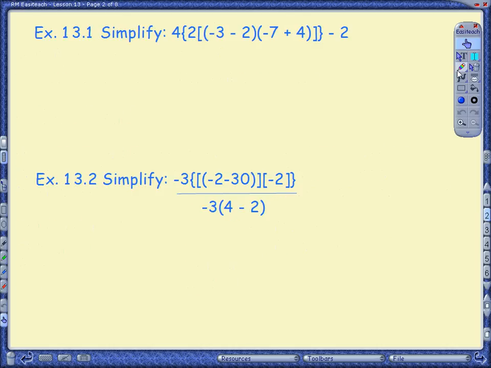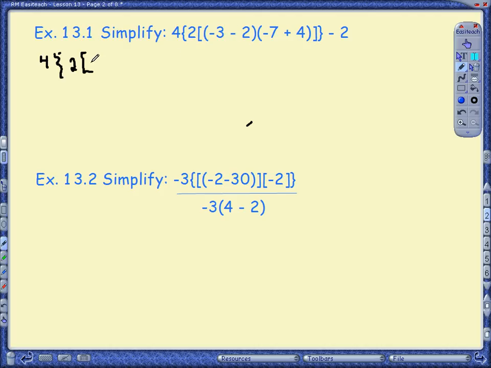Okay, we want to do this now, and this problem has two parentheses within brackets and braces. I'm going to rewrite everything up until the symbol of inclusion with which I want to work, the innermost one.